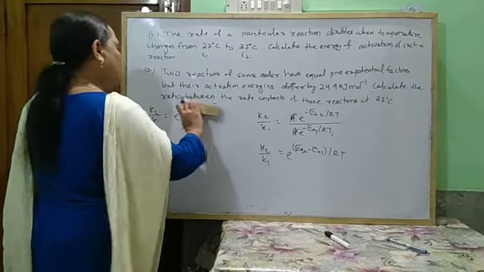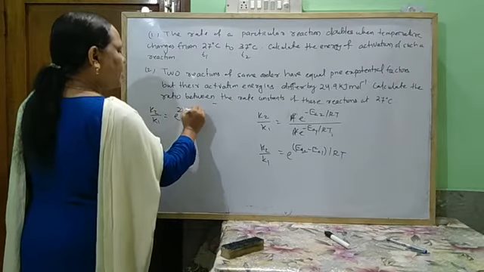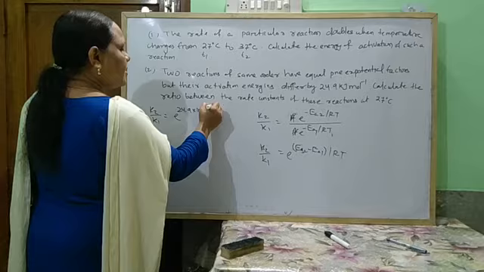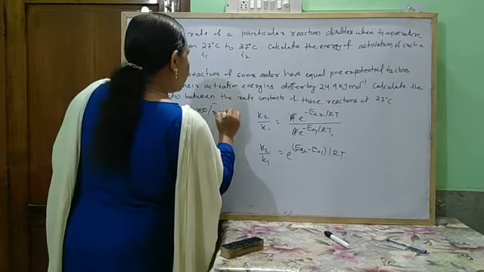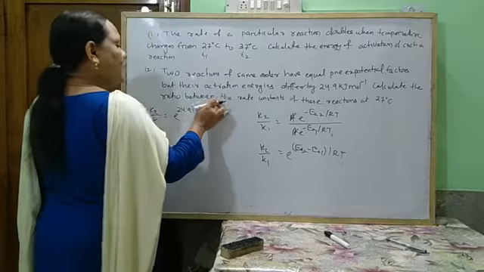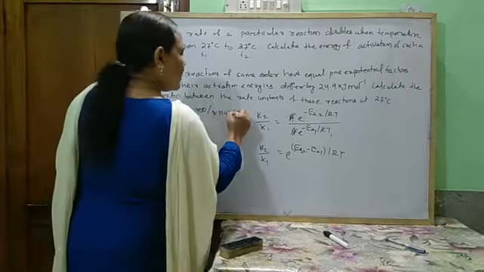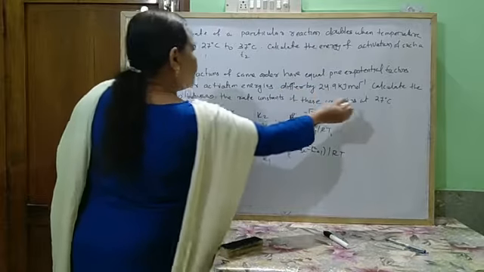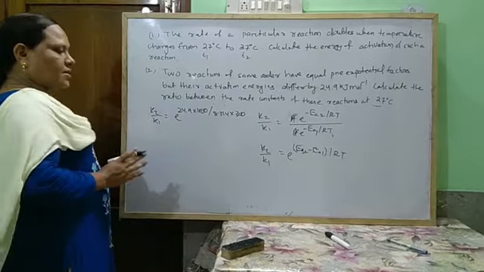In this way I am going to put here 24.9 into 1000 divided by R value 8.314 joule Kelvin inverse mole inverse into T, 27 degrees Celsius, that is equal to 300 Kelvin.